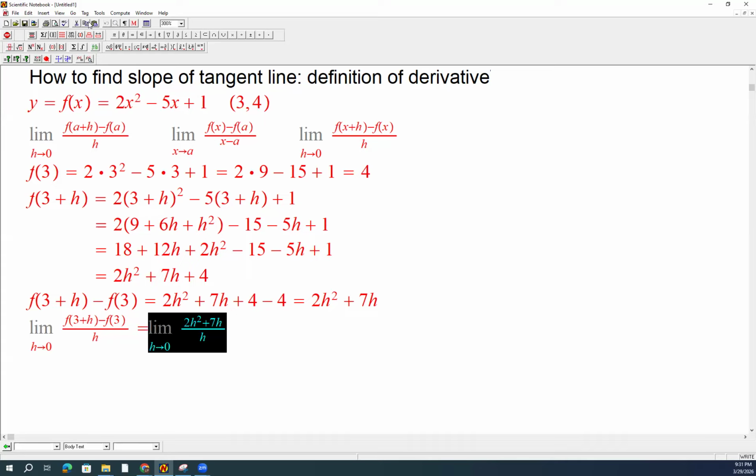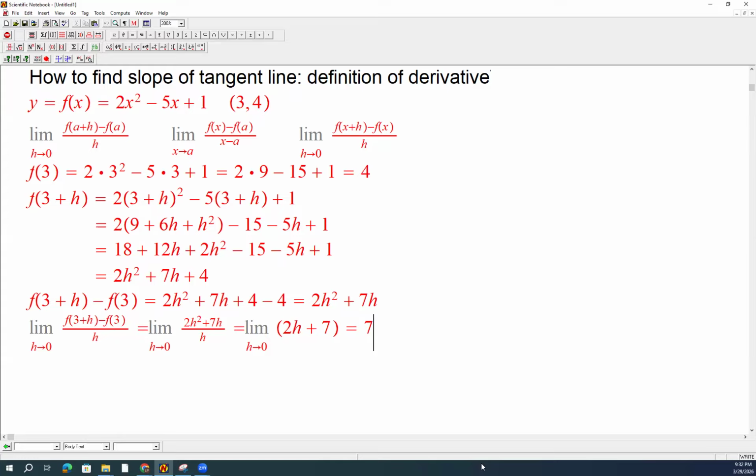So we will end up with, wait a second. Okay, that's okay. So it's 2h plus 7. Okay, 2h plus 7. And direct substitution, we're going to get 7. Okay, because h will be substituted by 0.